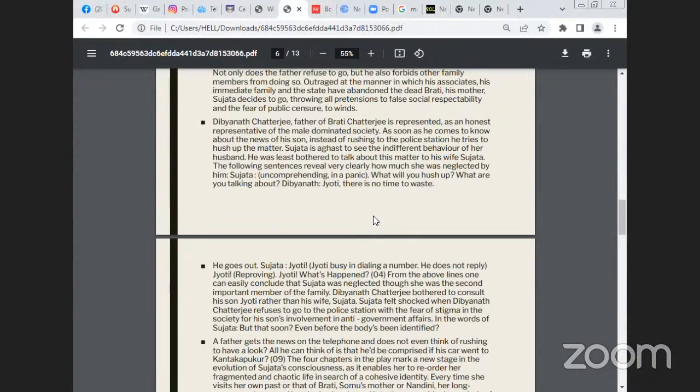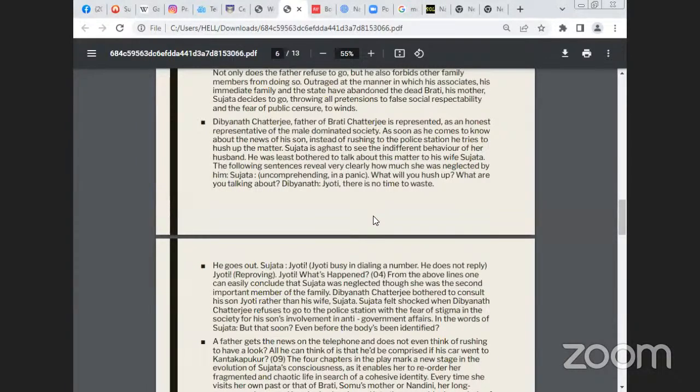Later, Sujata met Nandini to know about her son's activities, what exactly happened during his days when he left home and joined the underground Naxalite movement. She came to know many things through Nandini's words. Nandini was narrating the story of his underground life. Nandini is Brati Chatterjee's girlfriend.